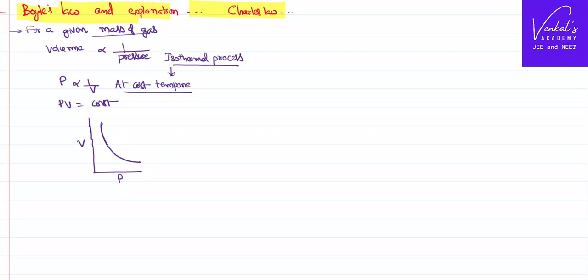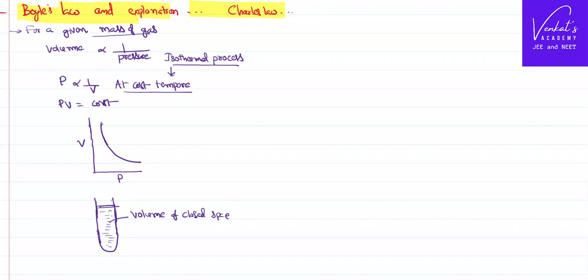Now say for example, when you are trying to verify Boyle's law, you take gas in, say, a test tube. Imagine there is a seal on the top, so you have a gas here. For this gas, volume means volume of all closed space.